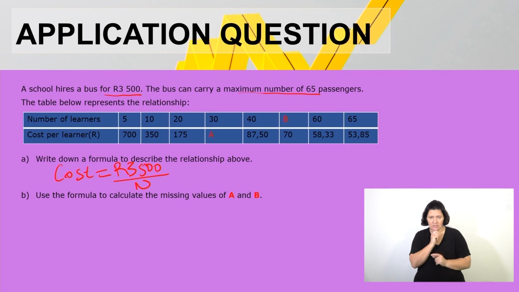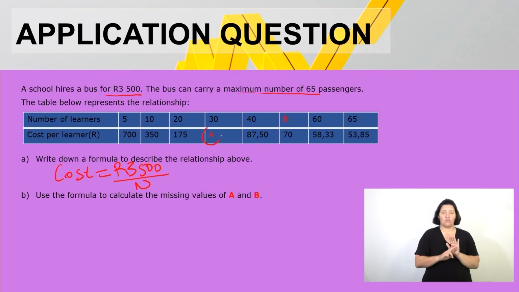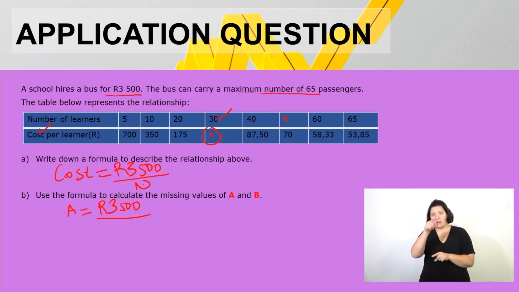Use the formula to calculate the missing values A and B. Again, A represents cost. So where we see cost on the formula, we'll then say A is equals to 3,500 divided by the number of learners. In this case, we have 30 learners. So what is the value of A? We say 3,500 divided by 30.